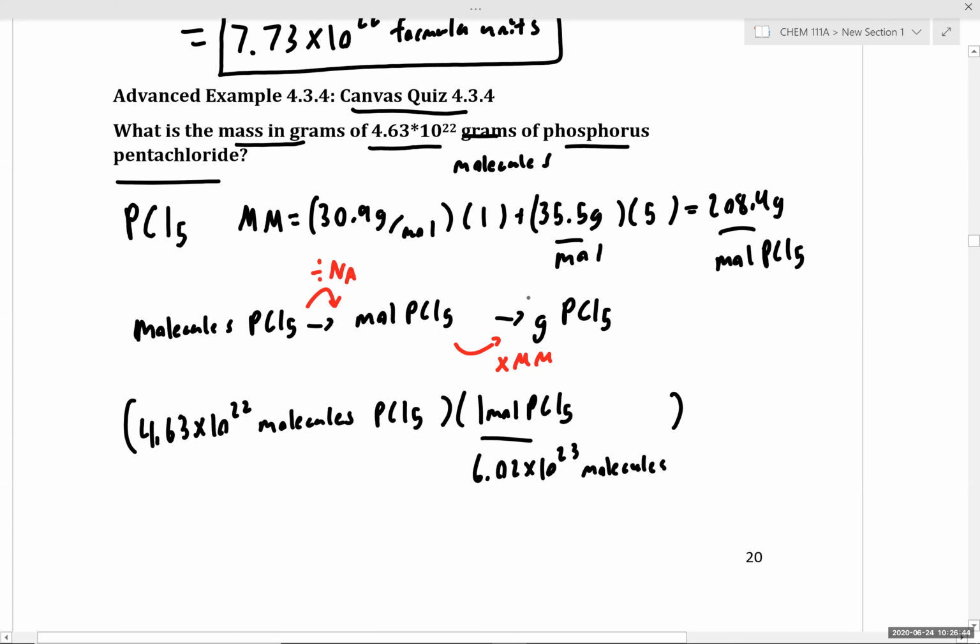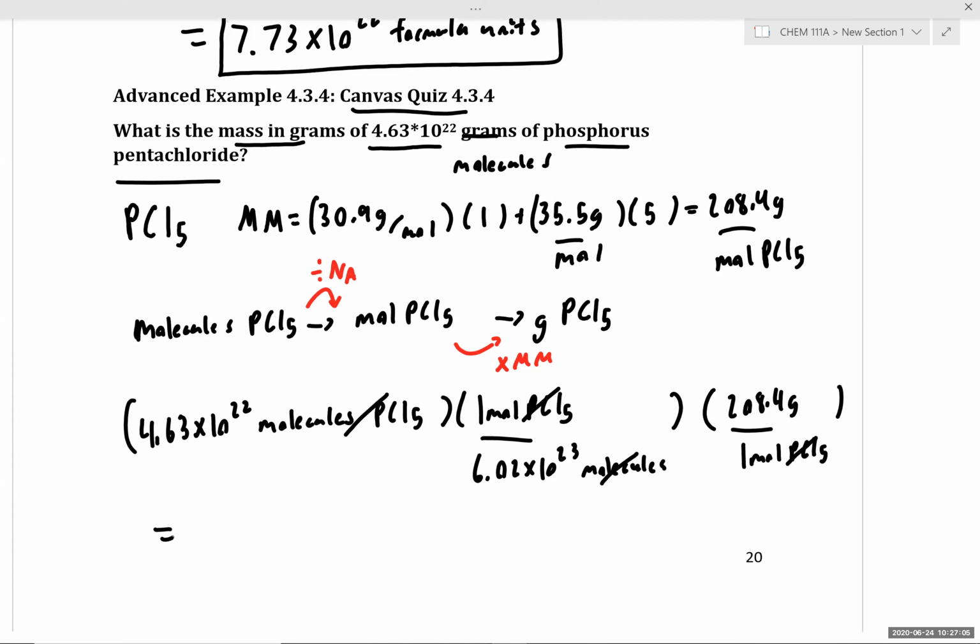Now to go from moles to grams, grams are on top, and we know that we have 208.4 grams per 1 mole of phosphorus pentachloride. Molecules cancel, moles cancel, and let's punch this into our calculator. We have 4.63 times 10 to the 22nd over 6.02 times 10 to the 23rd.